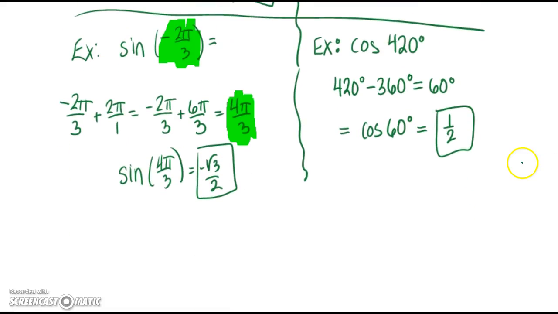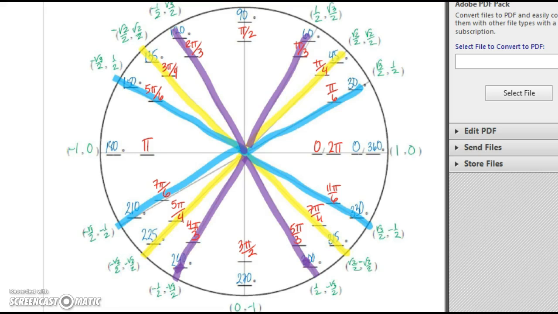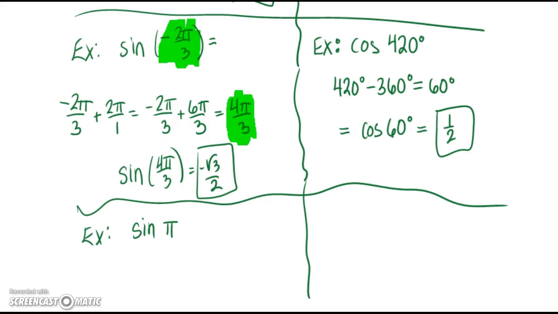One more example, or maybe two more. Let's find the sine of pi. And so let's go to our unit circle. Sine's the y-coordinate. Pi is out here. Ooh, in this case, the y-coordinate is 0. And so the sine of pi ends up being 0.